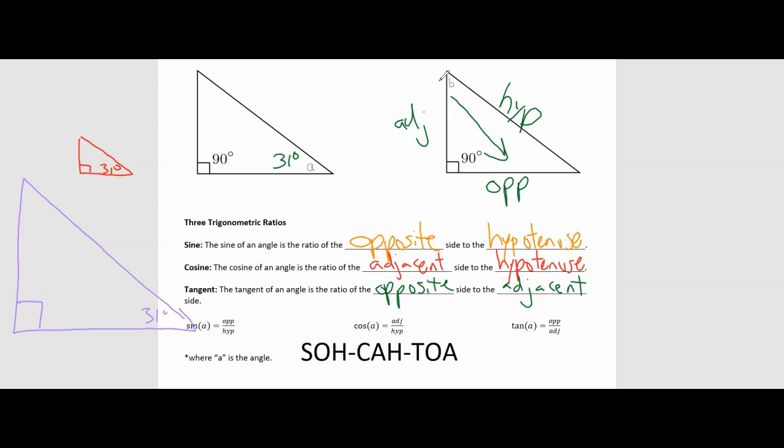Well, if I take the sine of that 31-degree angle, so the sine of 31 degrees for the red, the sine of 31 degrees for the black, and the sine of 31 degrees for the purple, it doesn't matter how big or small your triangle is, these values are always going to be the same.